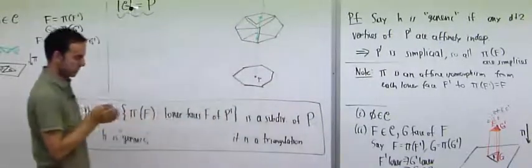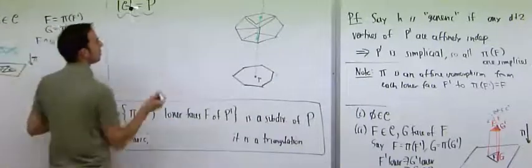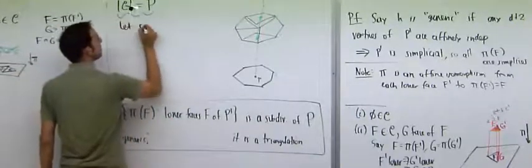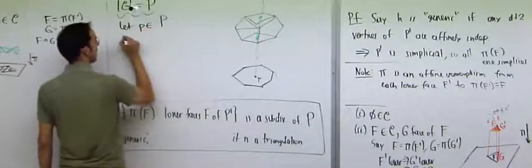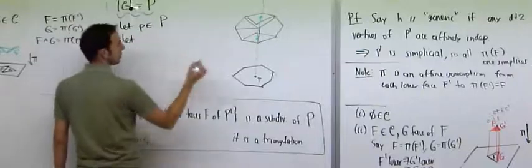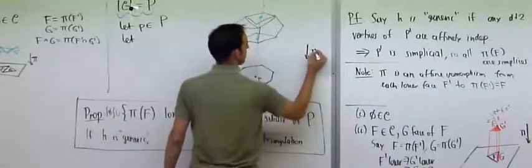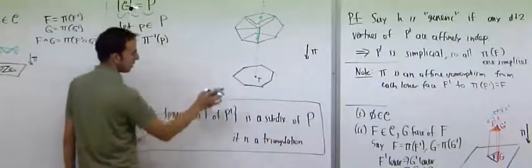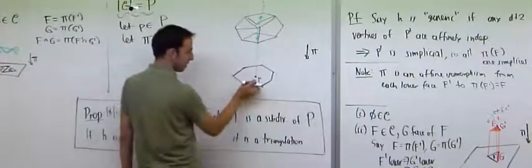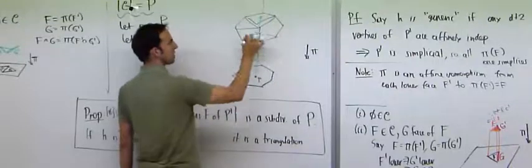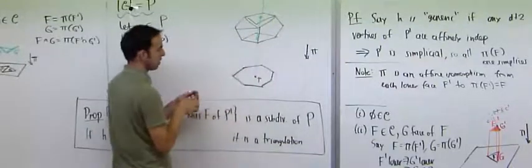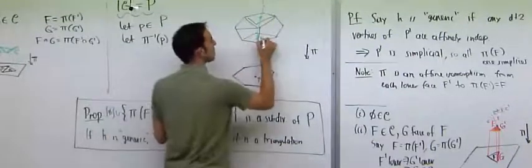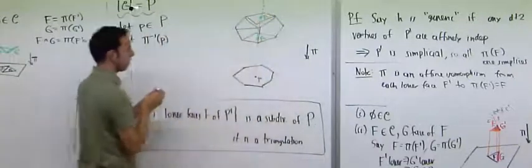So I'm taking P and P, and I'm saying consider this is pi, right? So look at the inverse of the projection. So it's basically going to be given by this segment from P0 to P1.